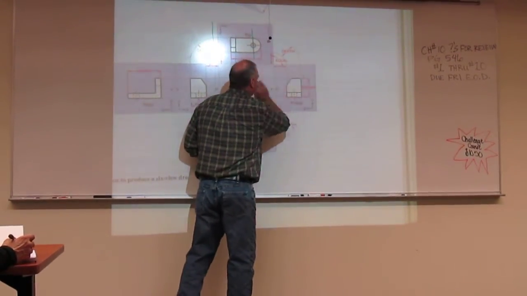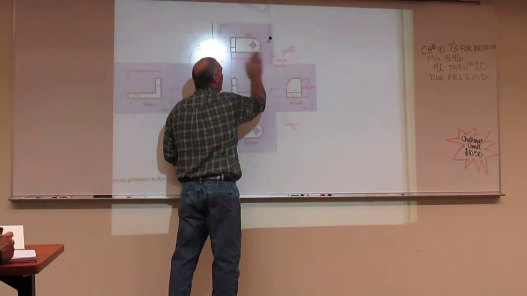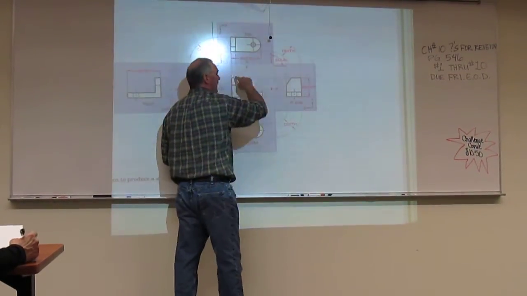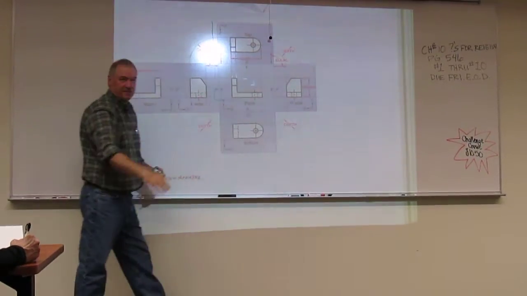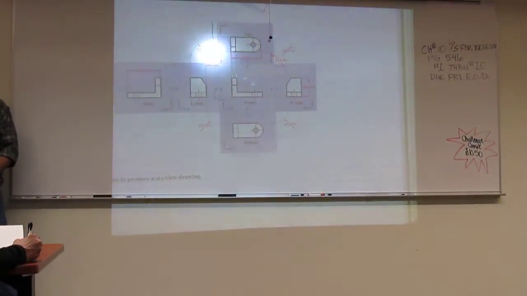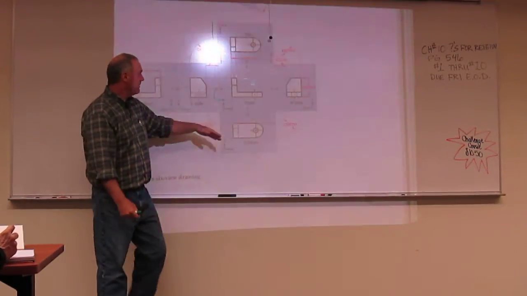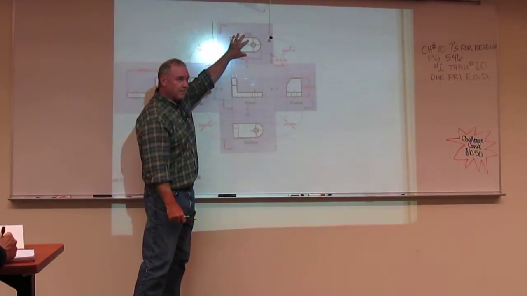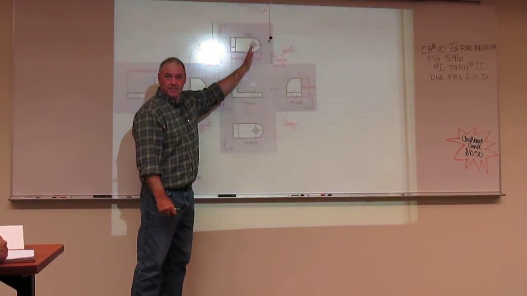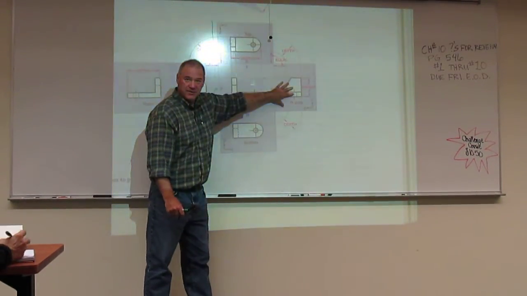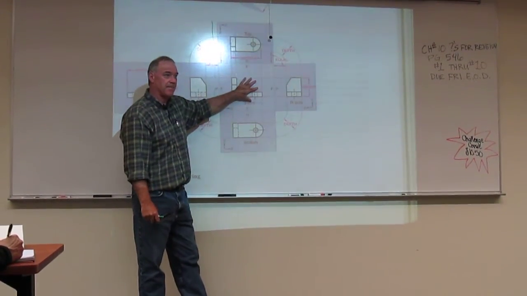So the alignment of features is the first thing. You want all of this stuff to line up. The extent here should line up, the extent here should line up, this way, always. We do not change this orientation. If I give them a front and top view, it's front and top, and it's all lined up. If I give them a front and right, I give them that in this orientation, and it always lines up.